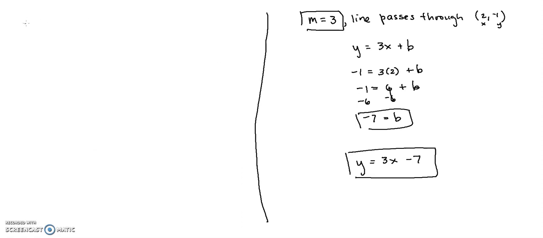Let's say that we have a line passing through (3, 4) with slope 2/3. We need to make the equation of this line.